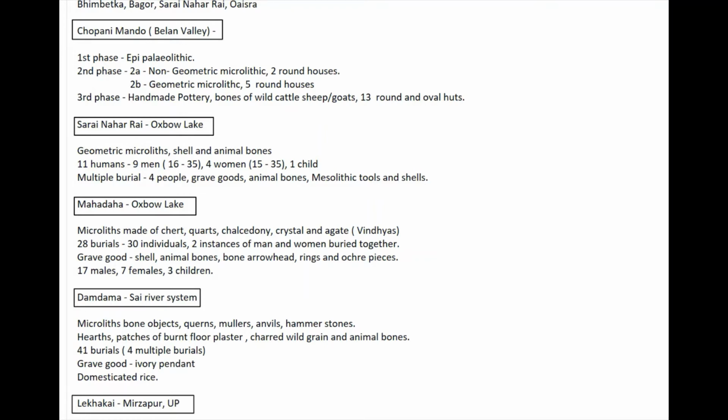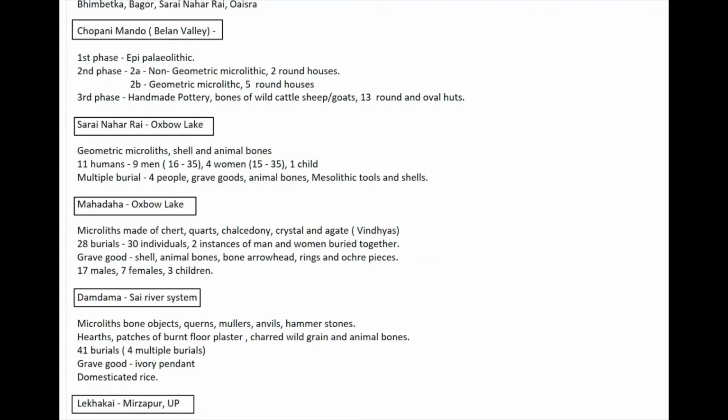The Mesolithic people of Mahadaha were tall. Men were up to 1.90 meters and women 1.62 to 1.76 meters. The dental health of the people was good, but many of them suffered from osteoarthritis.